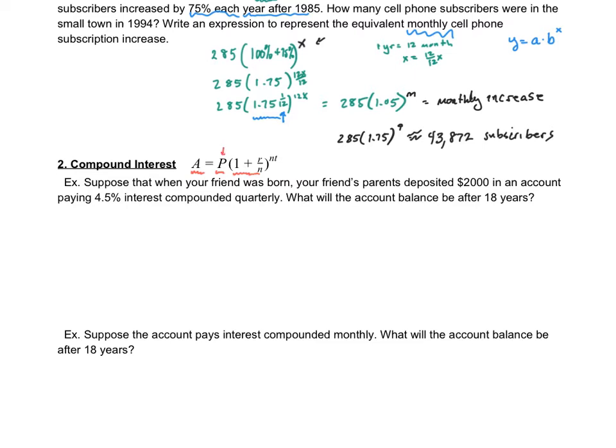So P is going to stand for my principal. That's my initial value, the initial amount that I put in. Then it's going to be 1 plus r over n, and that is going to be my growth factor, because I'm accounting for my original 100% plus whatever rate I'm getting for my interest.